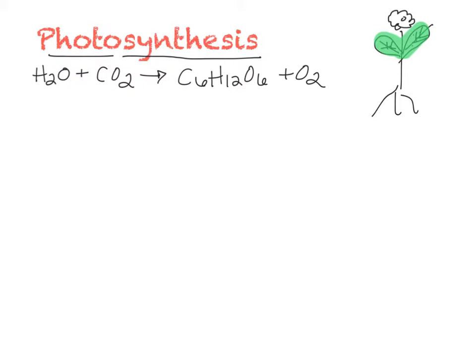So let's go back then and talk about these leaf cells. Plant cells have a cell wall surrounded by a cell membrane.